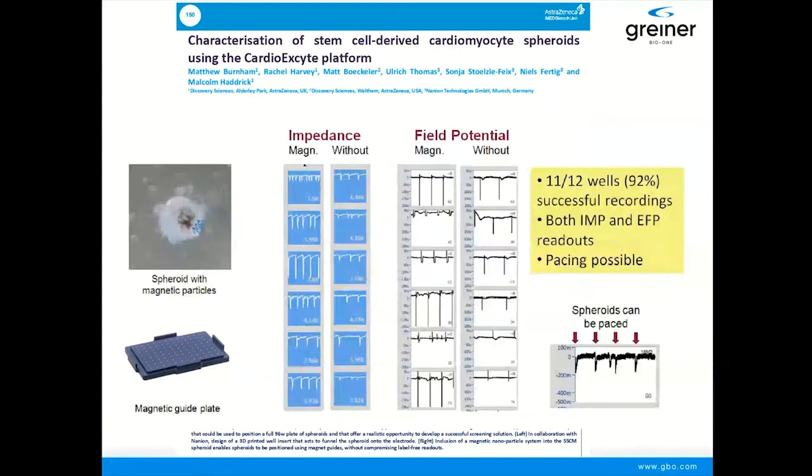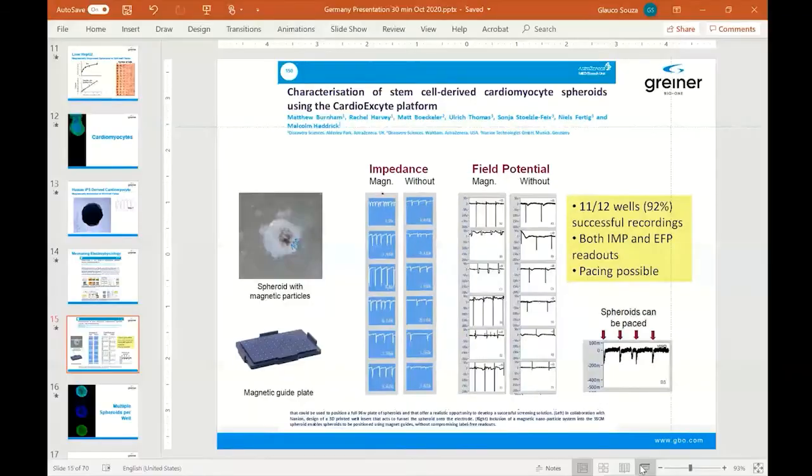So they magnetized the cells, they used the magnet, and they were able to make the spheroid sit right on top of the electrode. And then they used impedance field potential measurements.